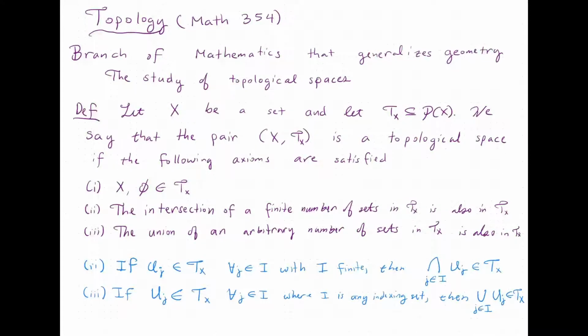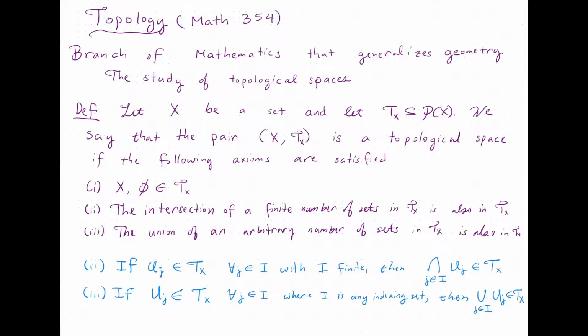To just put this in context with the notation that we have introduced, we can go ahead and rewrite 2 as follows. We can take some u sub j's in T sub X, where each index j is in some indexing set that is finite.